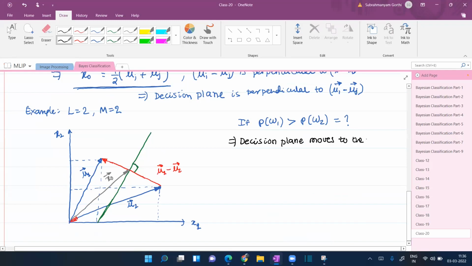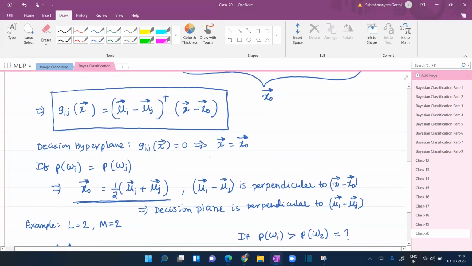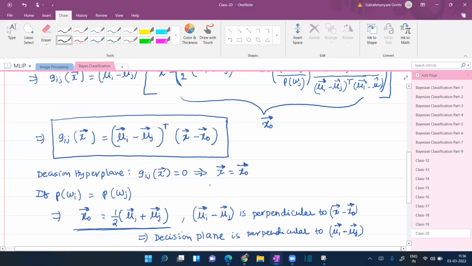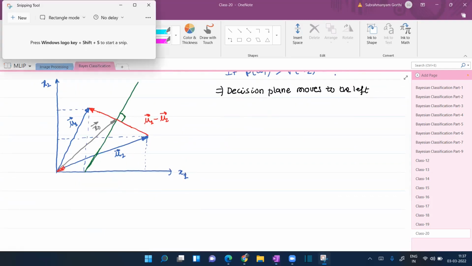That's all that will happen here. But still it will be perpendicular. Notice here, whatever the x naught bar value, that is still perpendicular. To find the decision plane, you make g ij bar of x bar equal to 0. So that x bar, for which these two have to be perpendicular, correct? So that will move to the left.